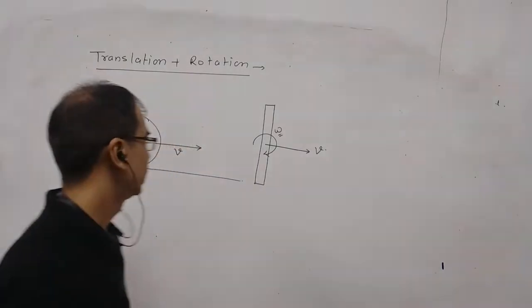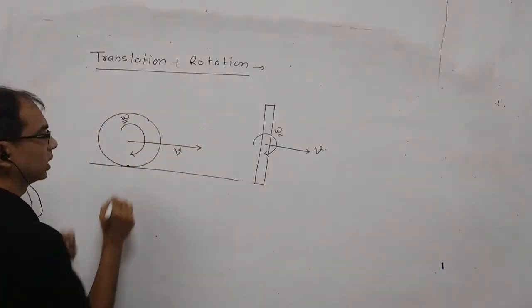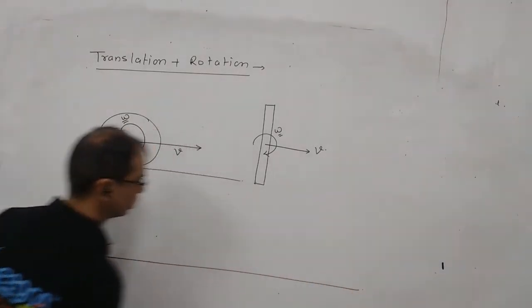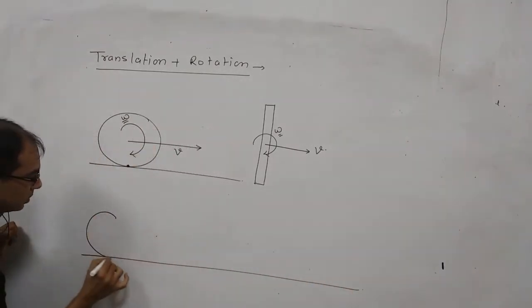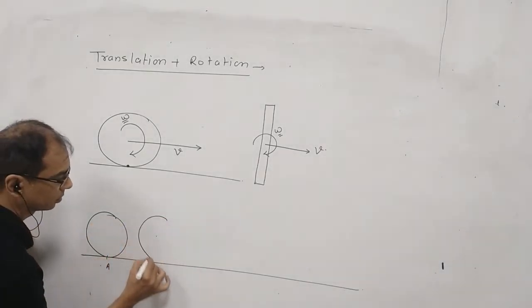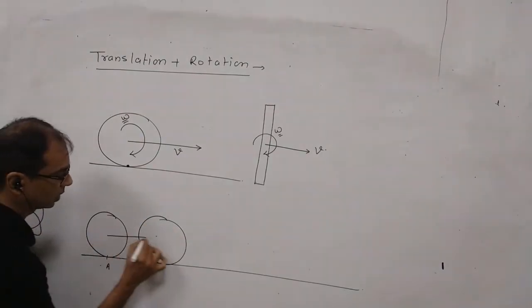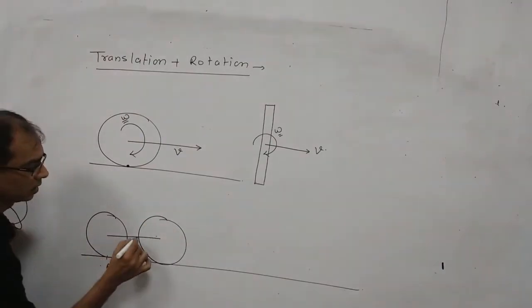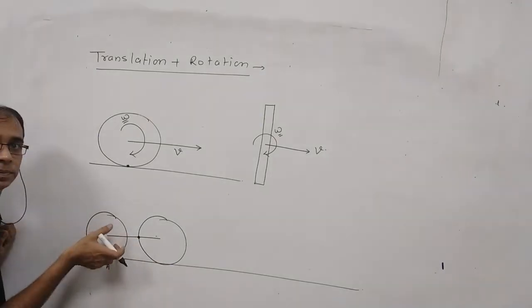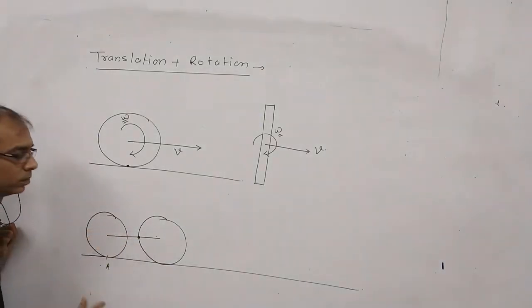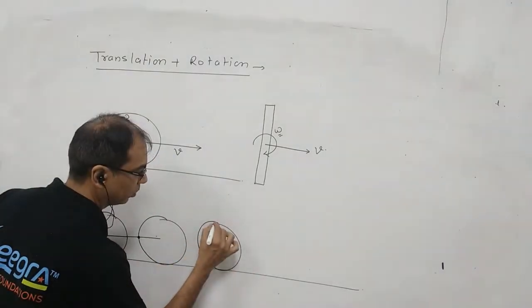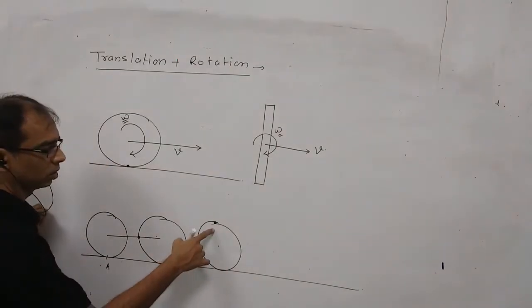If I take a point in the wheel, let me show you what kind of motion it is. This is point A, let's say. At the next time, the center has moved from here to here, but A is coming here because it is rotating. When the center is over here, A is at the top.